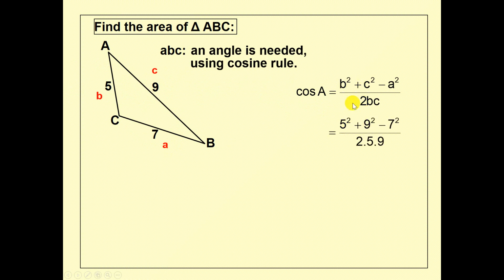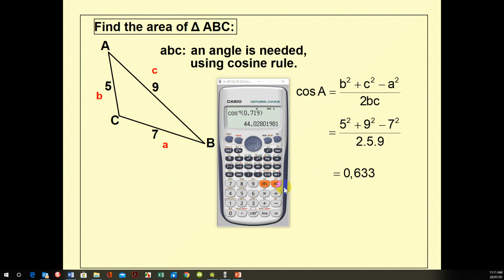So b is 5, we have c to be 9, and we have a to be 7. And if we type this on the calculator, we'll get 0.633. Using our calculator, we're going to type shift cos, and we're going to type 0.633, close our brackets, and that gives us 50.782.